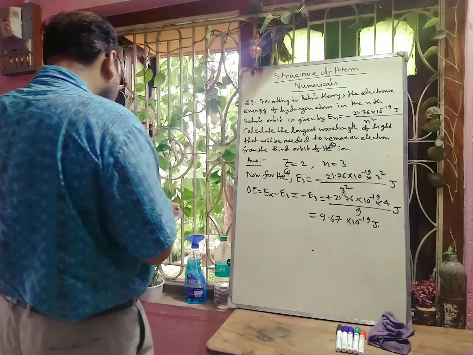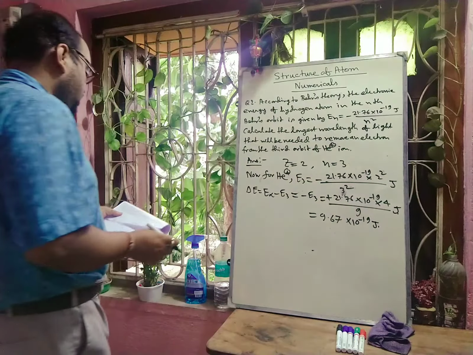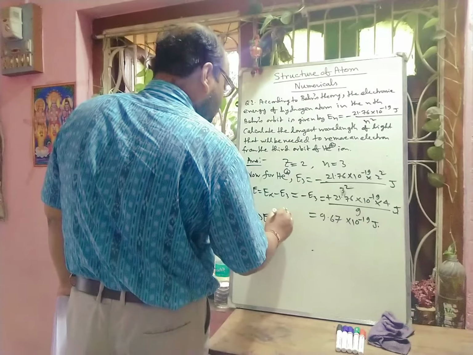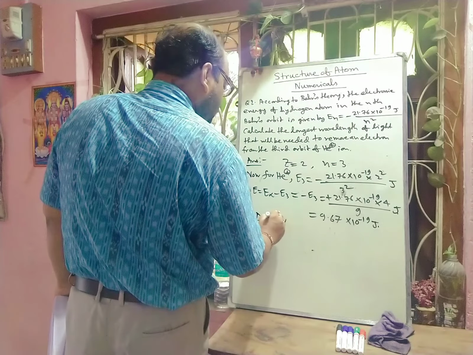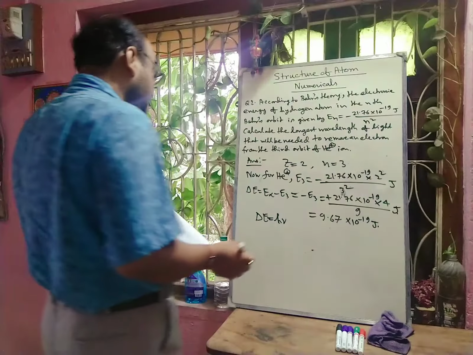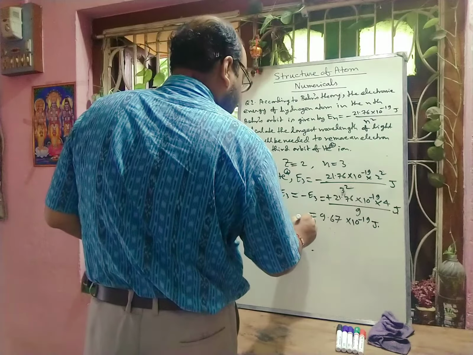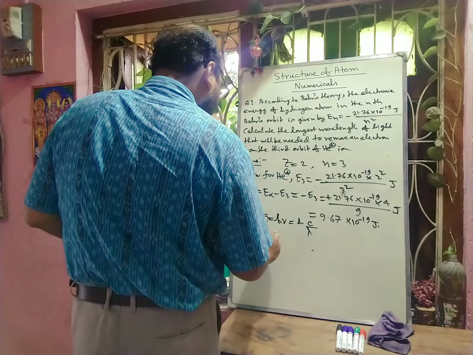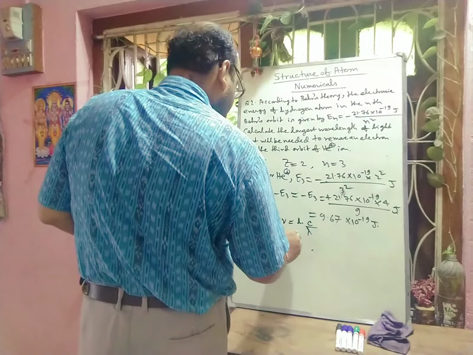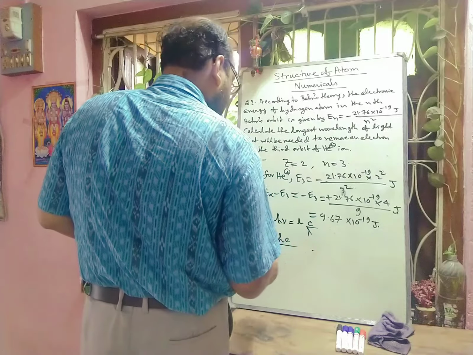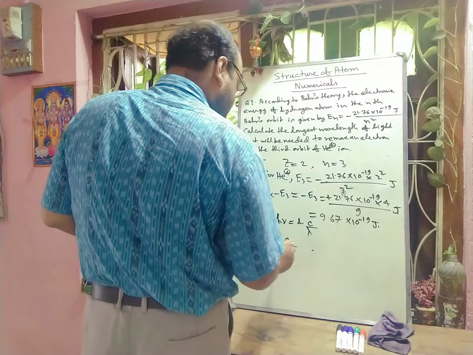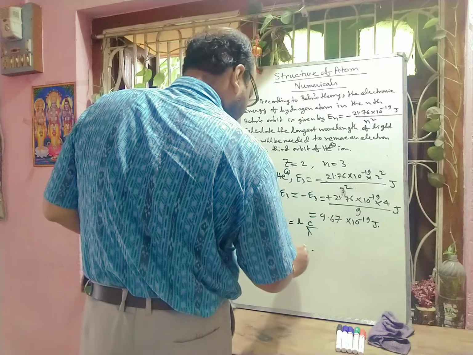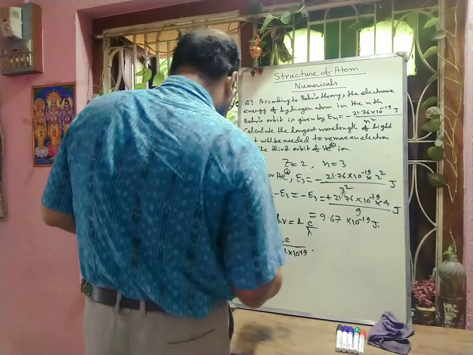Now from this equation, delta E is equal to h nu, that is Planck's equation, and we can write nu is equal to c by lambda. So from here we can write lambda is equal to hc by delta E, where delta E is 9.67 into 10 to the power minus 19 joule.